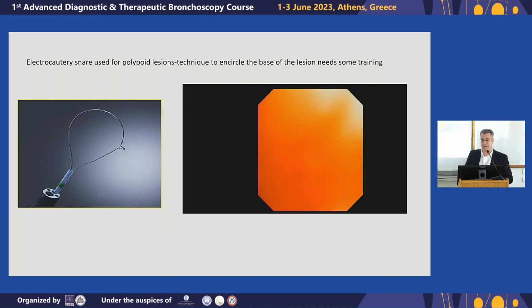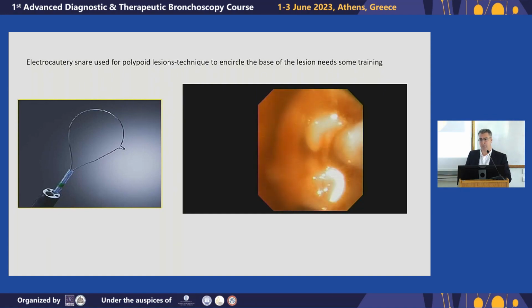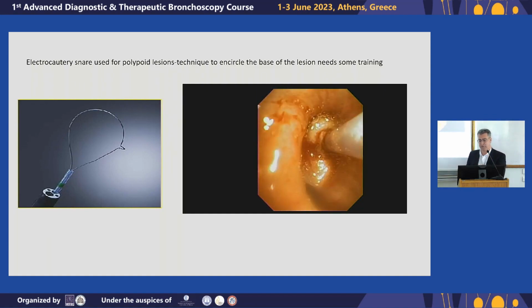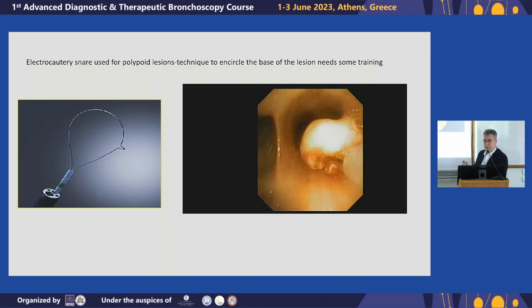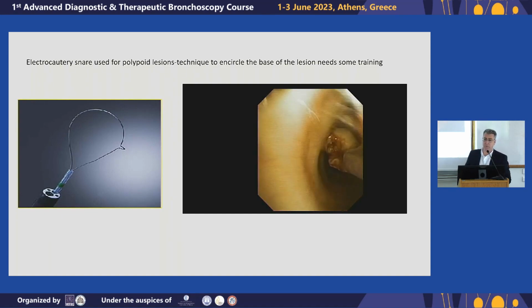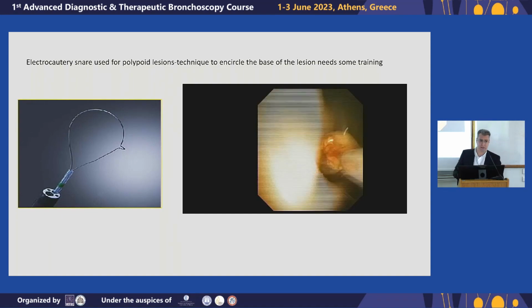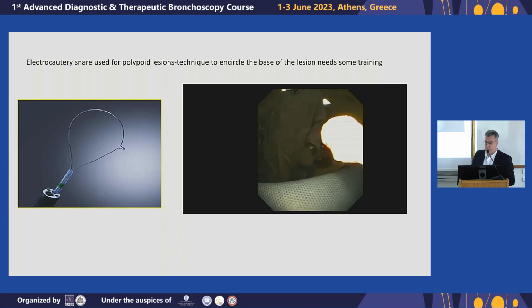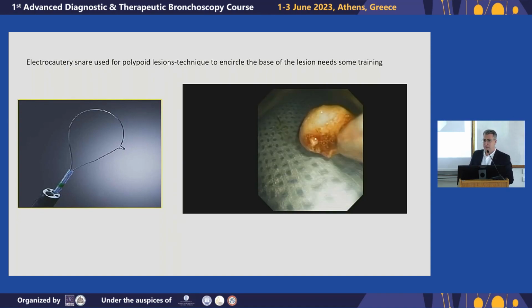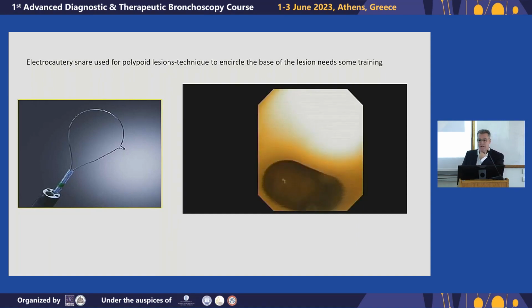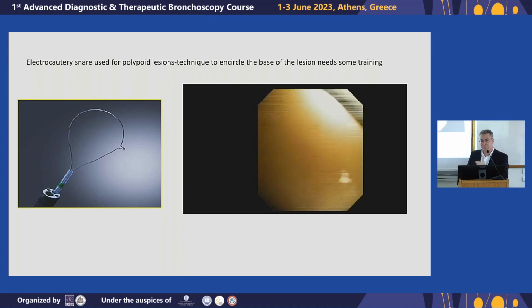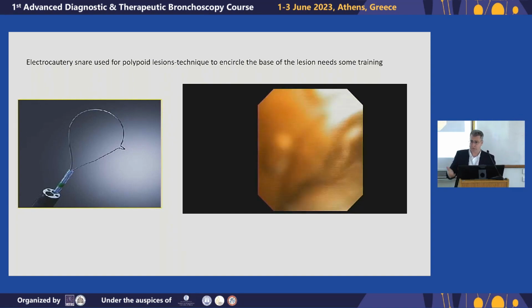Even if it is cut and it stays there, we have to be quick, take out our snare, put in a forceps, and take it out with our bronchoscope, because usually these lesions are larger than a bronchoscope, so we have to remove it. It's easier when we have general anesthesia, tracheal tube, laryngeal mask, because sometimes if we are using conscious sedation, we can lose the lesion in the larynx. So it needs some training. If we are not sure, if we have conscious sedation, we can use the snare.